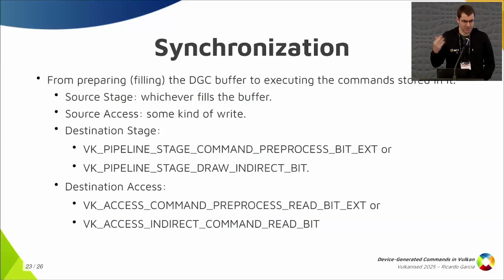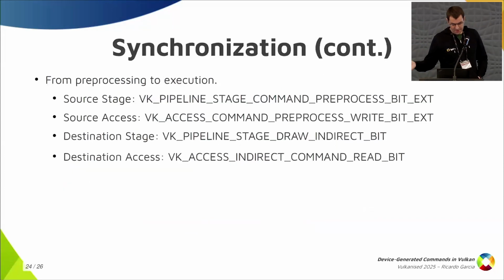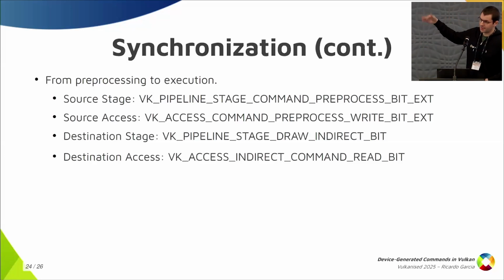Depending on if you use explicit preprocessing, you can use the new pipeline stage command preprocess, and preprocess read, or you synchronize that with your regular device generated commands execution, which was considered part of the regular draw indirect stage using the indirect command read access. And then, of course, if you use explicit preprocessing, you need to make sure that writes to the preprocess buffer happen before you start reading from it. So you use this stage here to synchronize preprocessing with execution if you use explicit preprocessing.